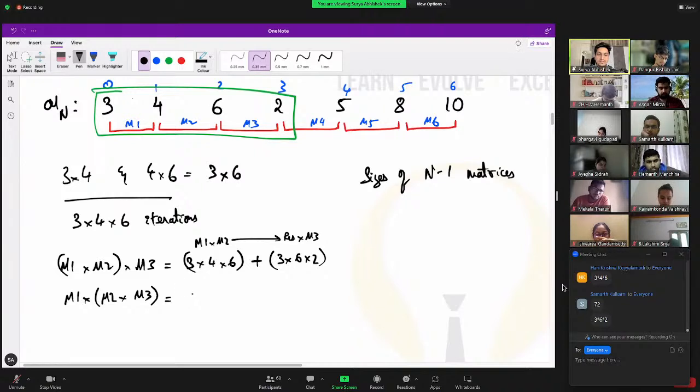If I do it this way, then first M2 into M3 will take 4 into 6 into 2 iterations. And the result of M2 into M3, if you multiply with M1, this is a 4 cross 2 matrix. It will take 3 into 4 into 2 iterations.